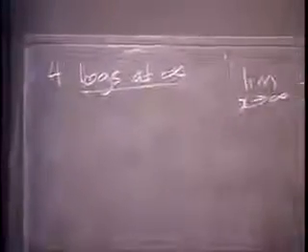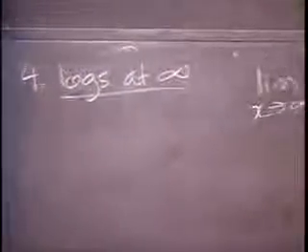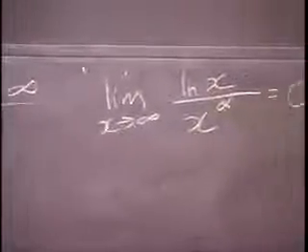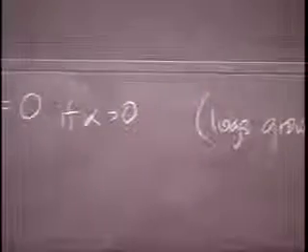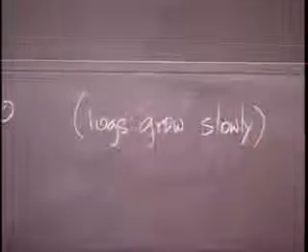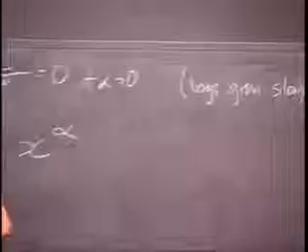Logs grow slowly. And the form that you should learn this in, for our purposes, is also an inequality, and that is log x is less than or equal to some constant times x to the alpha.